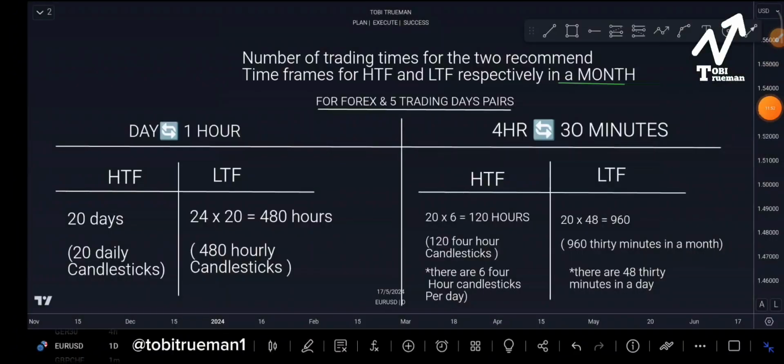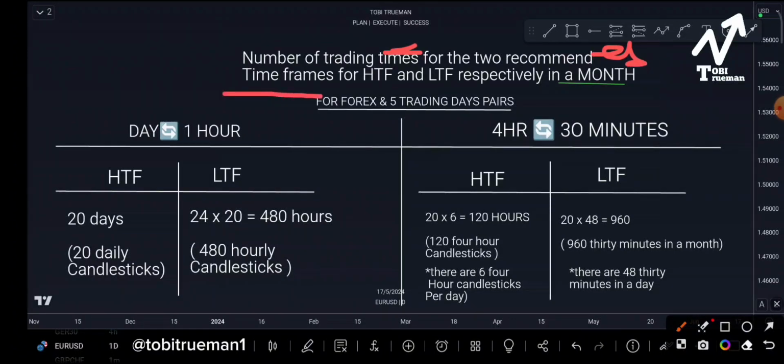Okay, so I made a little table here. I said the number of trading candlesticks for the two recommended time frames, higher time frame and lower time frame respectively, in a month.